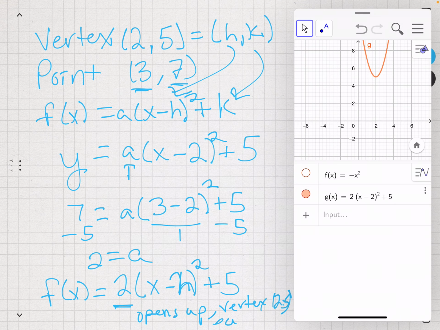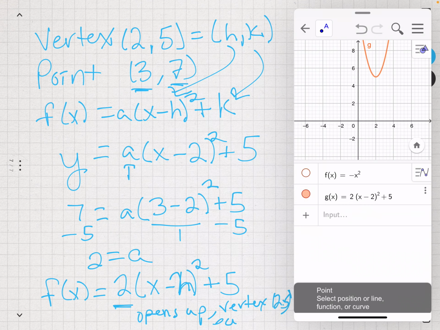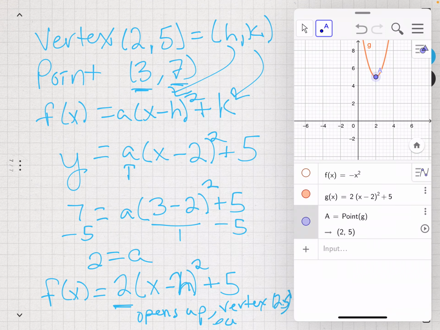So let me zoom out and move that up. So notice that the bottom point of that parabola is at (2, 5), which is exactly where our vertex we said was at the beginning. And then it also says that (3, 7) should be on the graph.